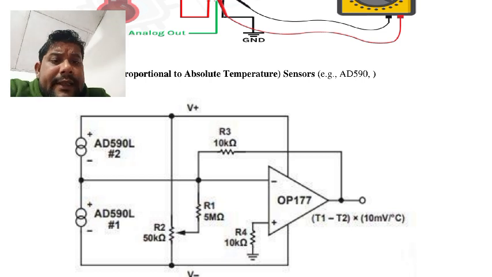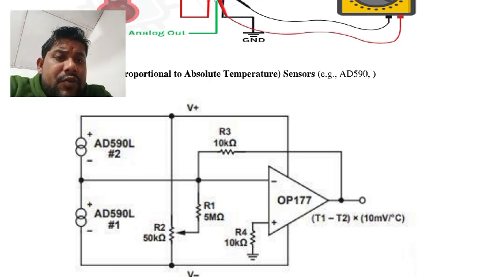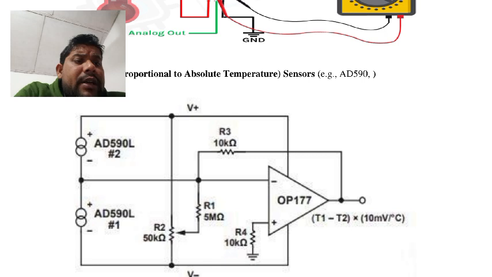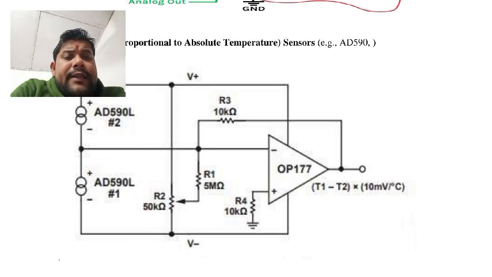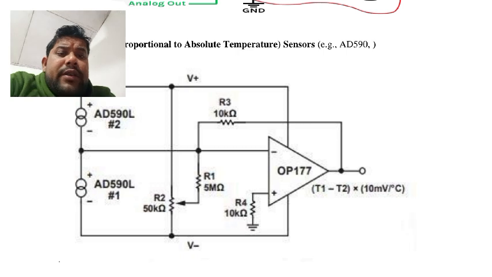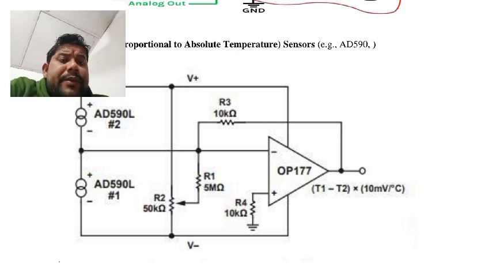This also shows the voltage here and is provided here and here. Based on this, the output can be written. These are the proportional to absolute temperature devices.